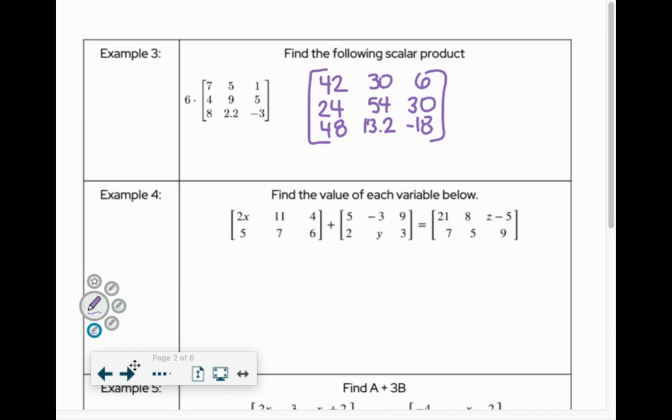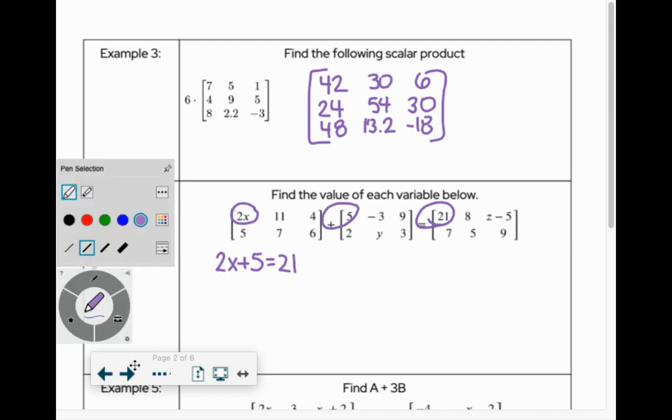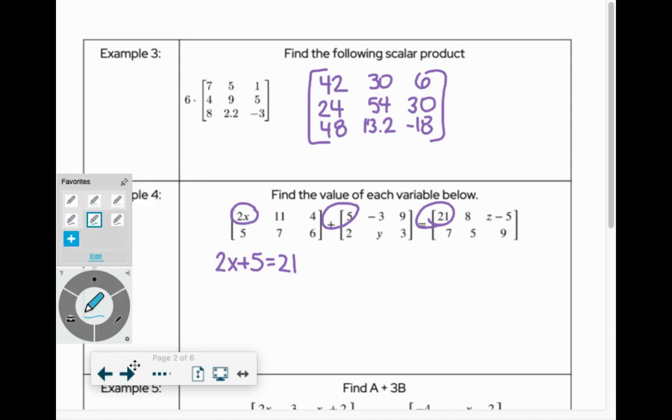Right, now let's talk about some tricky ones. It wants us to find the value of each variable. So first, I'm going to circle row 1, column 1 on every one. So 2x plus 5 has to equal 21. Then I could switch over to looking for a different one. There we go.